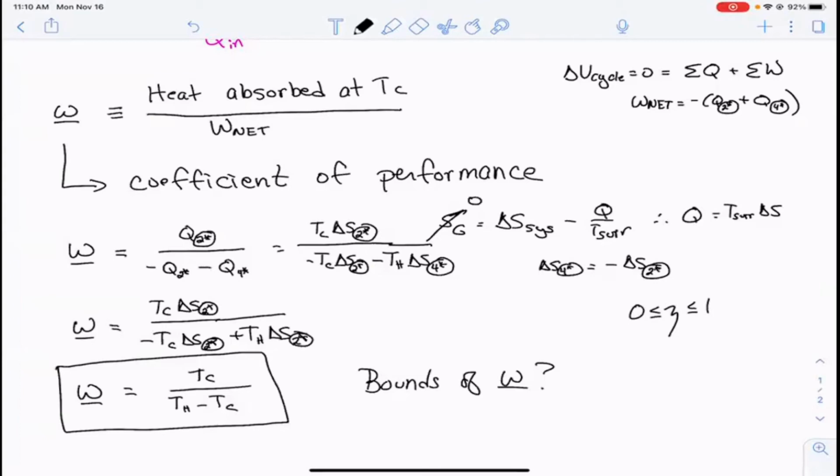The coefficient of performance, you are correct, is always going to be greater than or equal to 0, because if you think about the extremes, if T hot just got really big relative to T cold, you would get something like 1 over a huge number, which is approximately 0. Actually, I don't even know if you have to say equal. It really has to just be greater than 0. But what does it have to be less than?